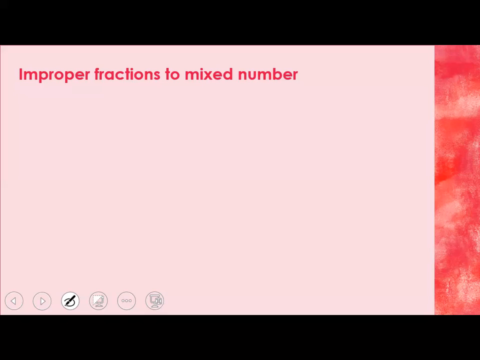Okay, improper fractions are fractions where the denominator, let's say in this case 3, is smaller than the numerator, let's say 4. Now, you might be thinking, how can I have 4/3? Because what we're used to is thinking of our fractions as pizzas.